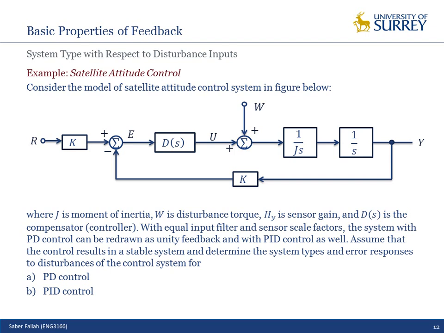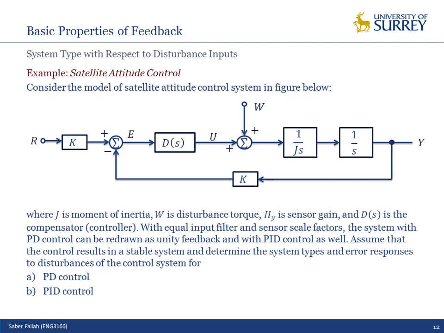I can reshape this one as a unity feedback system. Why is this one a unity feedback system? The k's will cancel out. Exactly. I can bring k here, and this k will be cancelled out with the feedback k. So I want to see the type of the system if I have the PD controller or the PID controller.